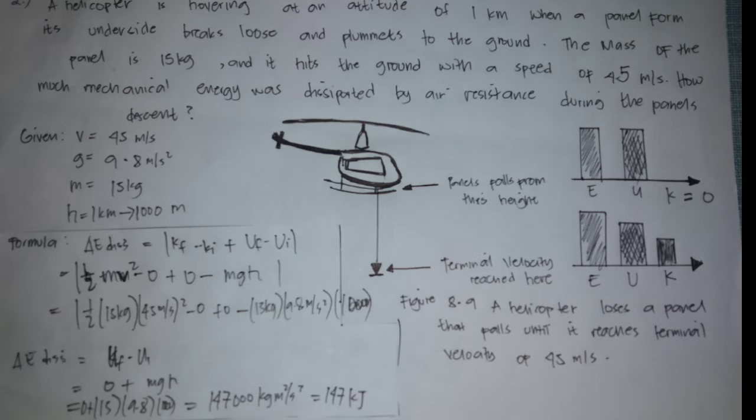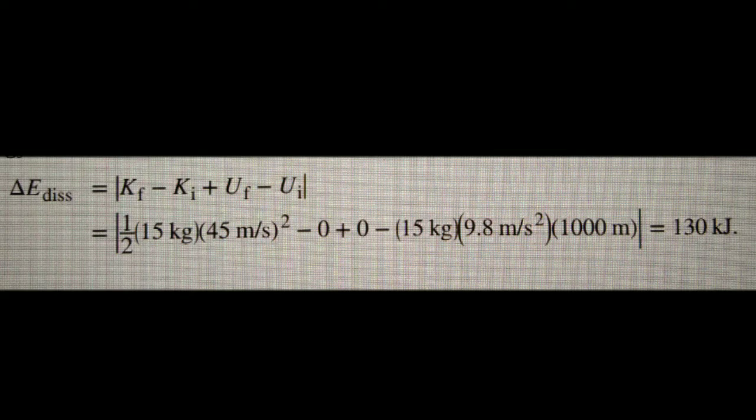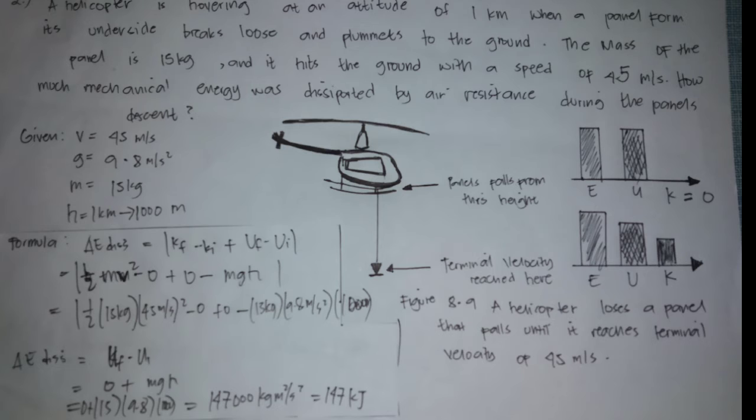The mechanical energy lost due to air resistance is the algebraic sum of the kinetic energy gain and loss in terms of potential energy. As a result, the calculation of this energy is as follows. Therefore, the majority of the panel's initial mechanical energy, equal to 147 kilojoules, was lost due to air resistance.